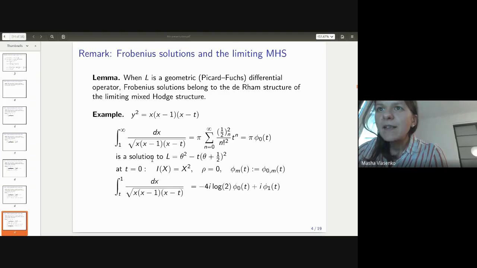They span this period structure in the space of solutions. And here we express them through the Frobenius basis at 0. And the numbers that you see here, pi, minus 4i log 2, and i, are therefore periods of the limiting Hodge structure at t equals 0.